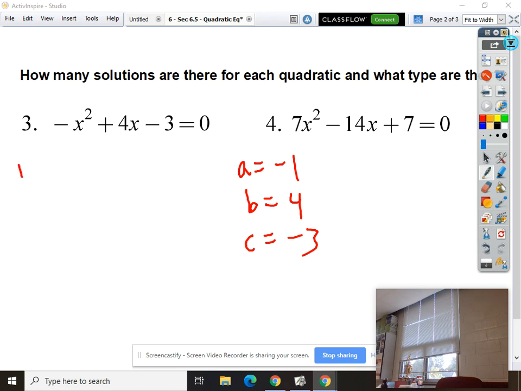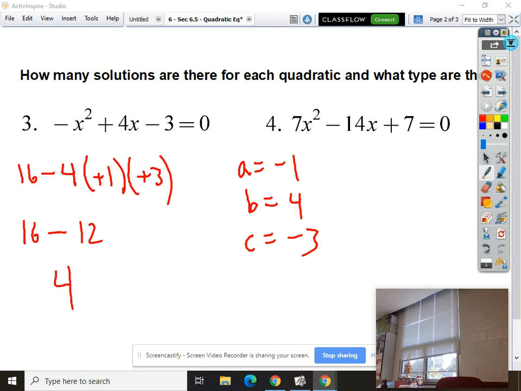B squared minus 4AC. Hey, look, 3 negative signs. Well, 2 of them cancel each other out. So pick 2, I don't care. And so this is a subtraction problem. So this one's going to say 16 minus something. 4 times 1 times 3 happens to be 12. And so my discriminant is 4.